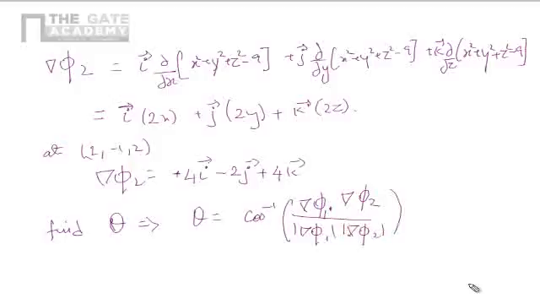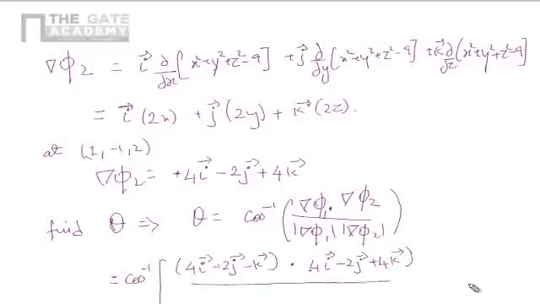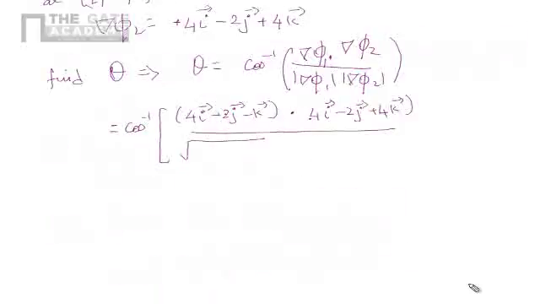We calculated del phi 1 as 4i minus 2j minus k vector, dotted with del phi 2, which is 4i minus 2j plus 4k, divided by the modulus of this: root of 4 square plus minus 2 square plus minus 1 square, into root of 4 square plus minus 2 square plus 4 square.